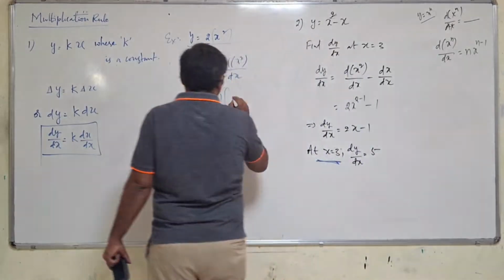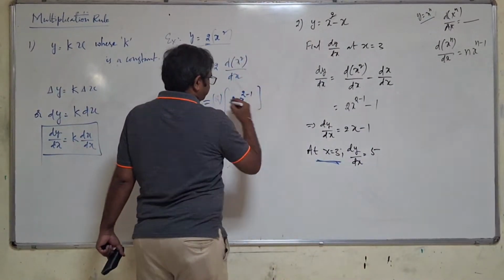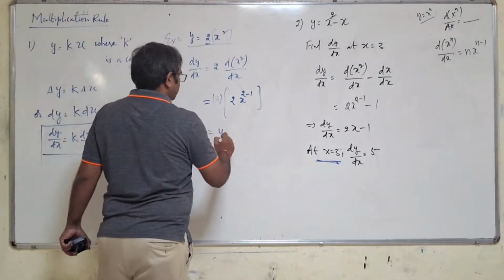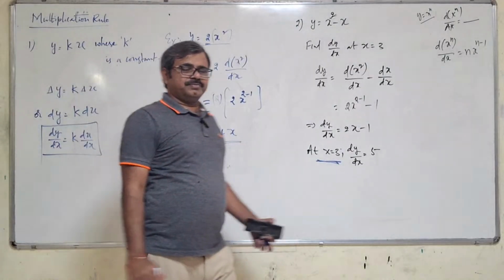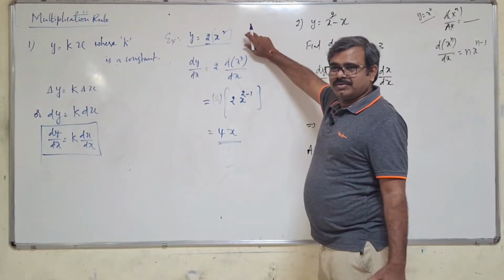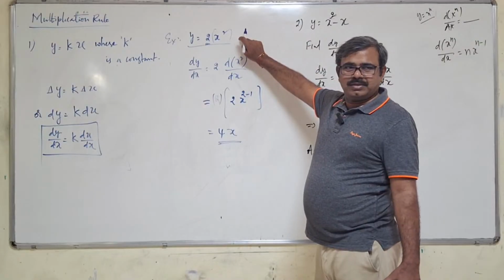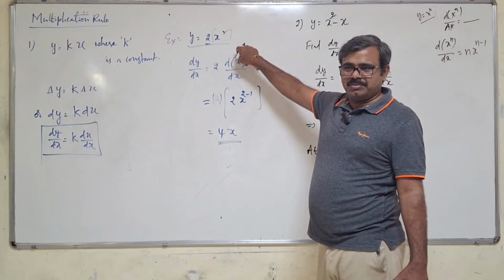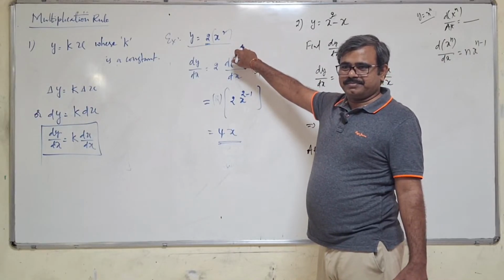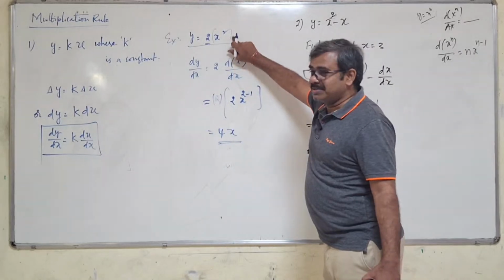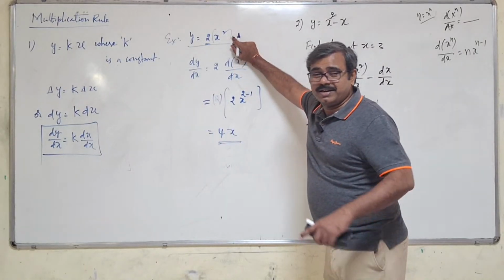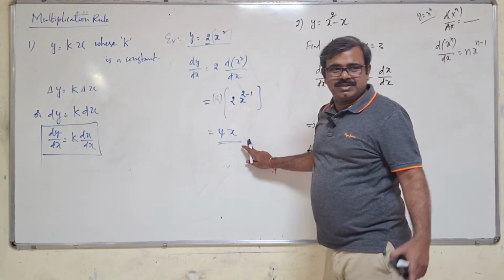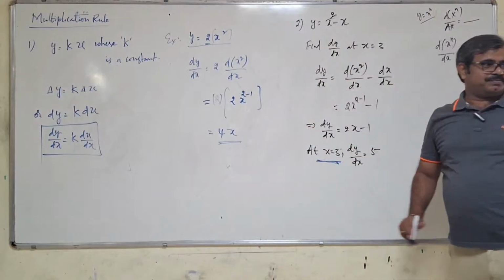Apply the n x power n minus 1 formula. What do you get? So what are we getting? 4x. You remember we did this before, in the first exam. We talked about this a lot yesterday and the day before. We said in the function y is equal to 2x square, as delta x tends to 0, delta y by delta x tends to 4x. That's what we discussed, right? Remember?